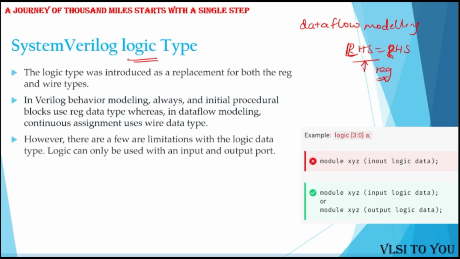Is it or not? Yes, because it is continuously driven, and we have discussed the reason there. So this is the limitation while using data flow modeling. And then in behavioral modeling, always and initial can use reg data type.